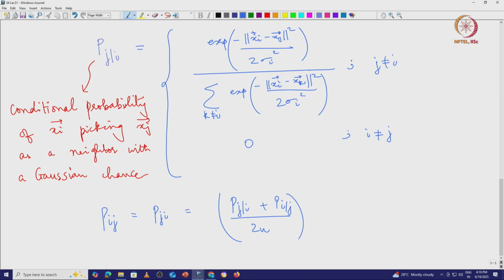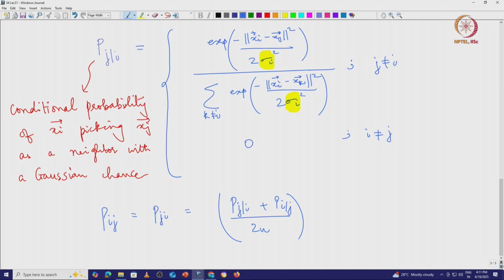Now one question to ask here, and an important one at that, is what is this sigma i, right. So what is the width or the variance that you are assuming for this particular distribution, the conditional probability of a second point lying in the vicinity of the first point, and this is determined based on binary search to maintain a fixed effective number of neighbors, okay.